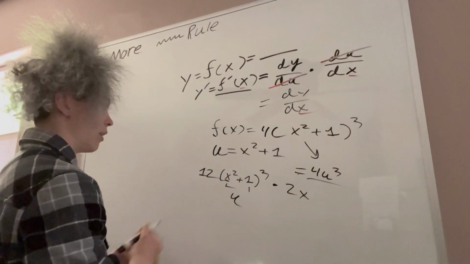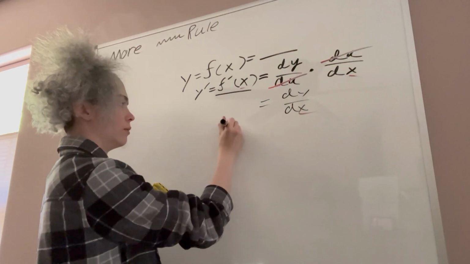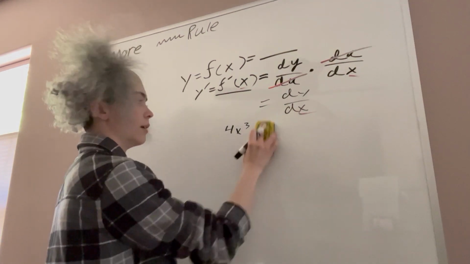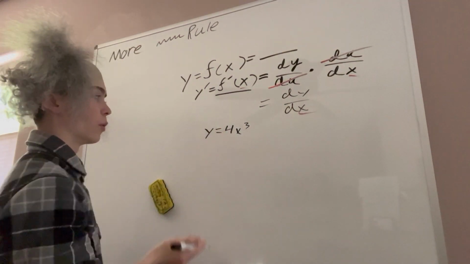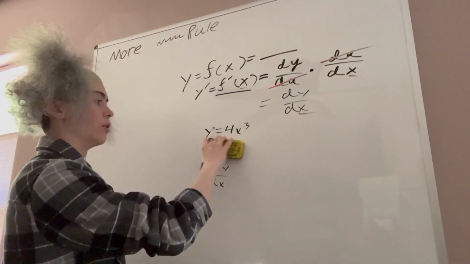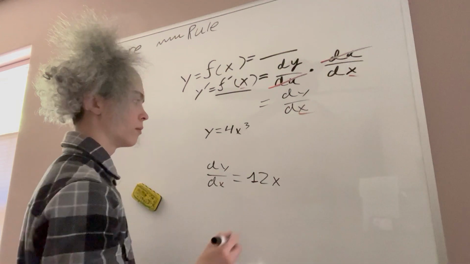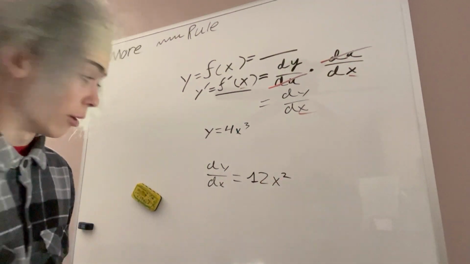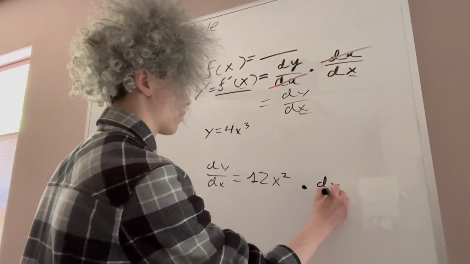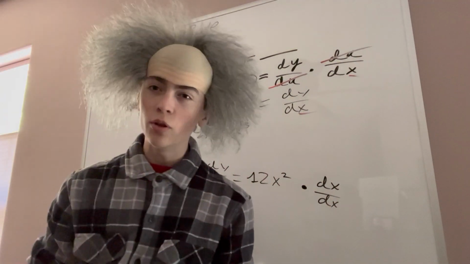So secretly, we've always been doing this dy du times du dx thing in calculus. Let me erase all this first and take the derivative of y equals 4x cubed. Now y prime, or dy dx, is going to equal 12x squared using our normal power rule, but we're technically multiplying this by dx, because we have this chain here, but we're not doing a substitution with the variable u.